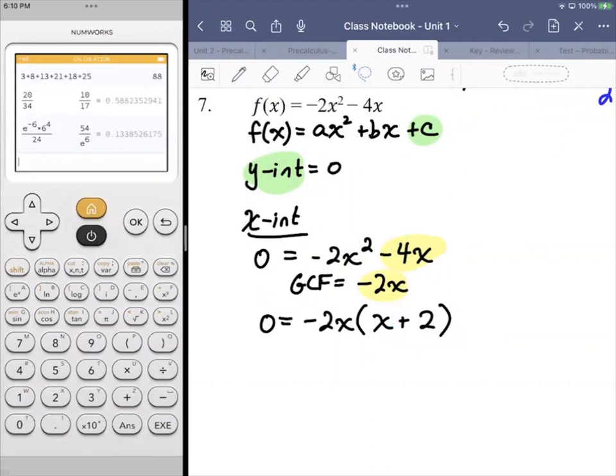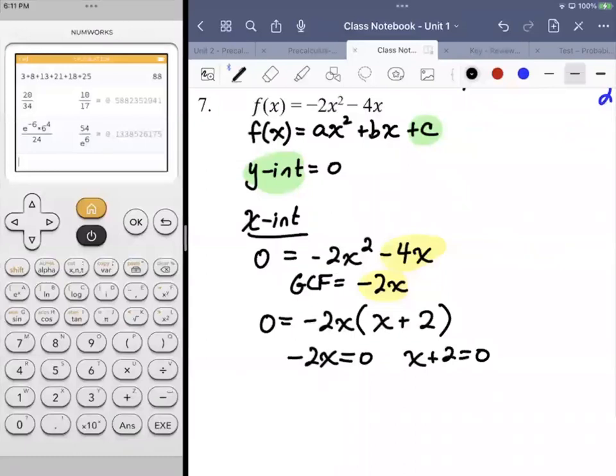So it's not bad because now I can take my two factors, set them equal to 0, and solve, and I'll have my x-intercepts. Solve the first one, you get x equals 0. Second one, you get x equals negative 2.